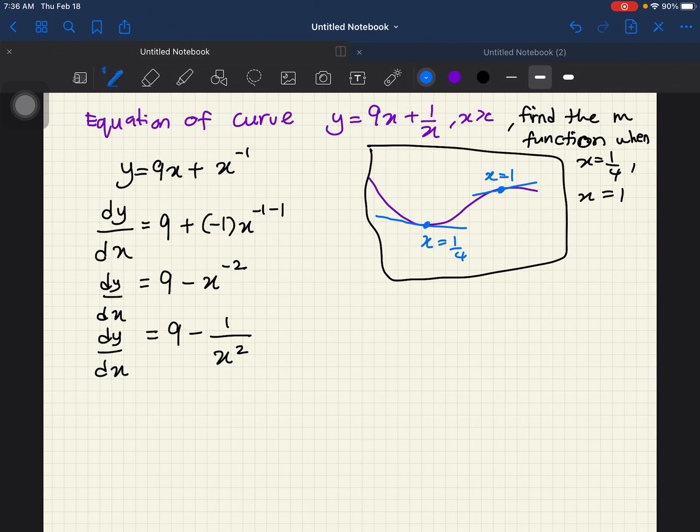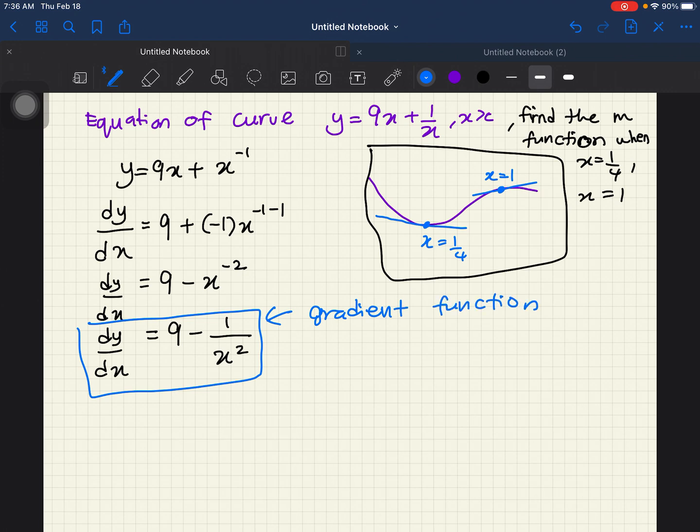Tadi dia kata, find the gradient function when x equals to 1 over 4. So, kita cari dulu. So, this is our gradient function lah. Ini adalah gradient function. Bila awak buat dy over dx saja, ini tentunya adalah the gradient function, ataupun straight line punya gradient. Okay. Gradient function ni sebenarnya sama dengan m lah.